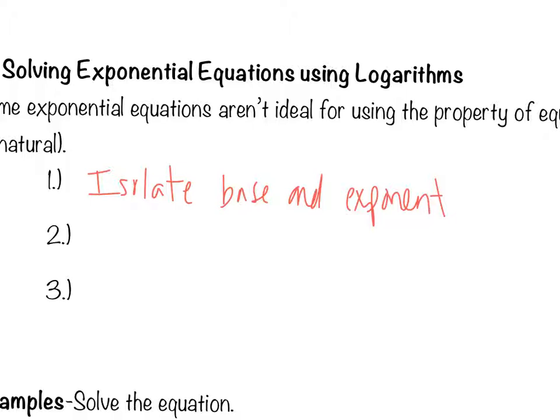Sometimes it's already isolated, but if it's not, then you'll need to isolate the base and the exponent. You want to get the base and its exponent all by itself, sort of how you get x by itself, or when we were talking about radicals, you had to get the radical by itself. The same thing.